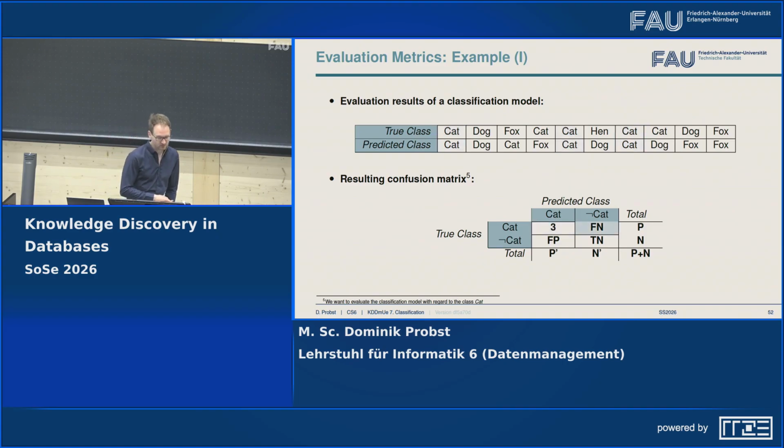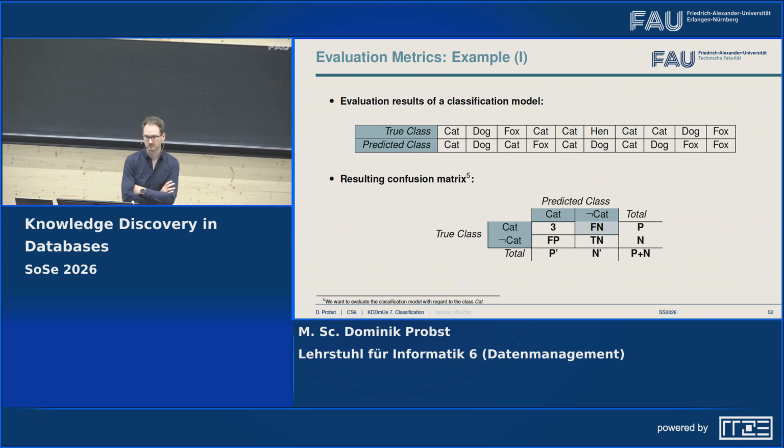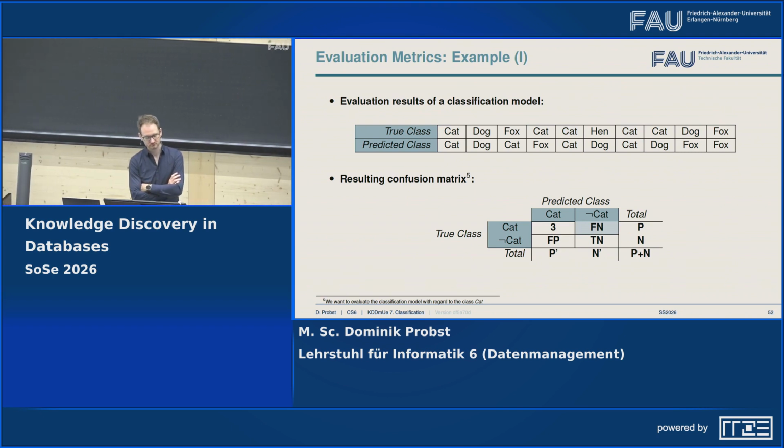For false negatives, how many of these do we have? One. So we need a prediction of something other than cat, but it should have been cat.